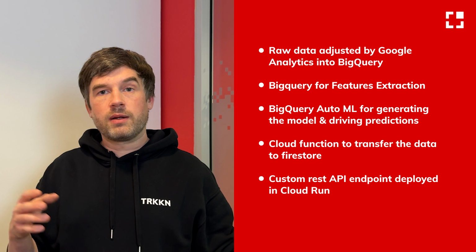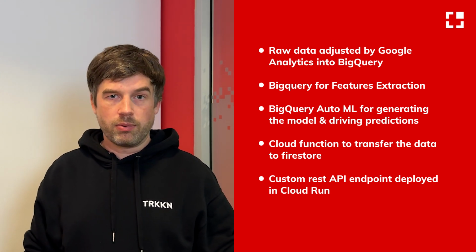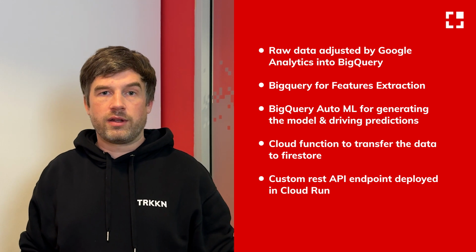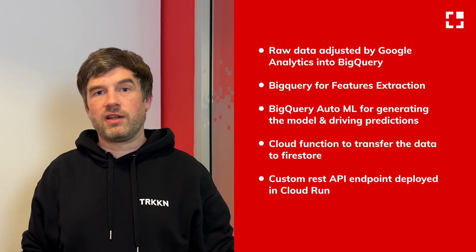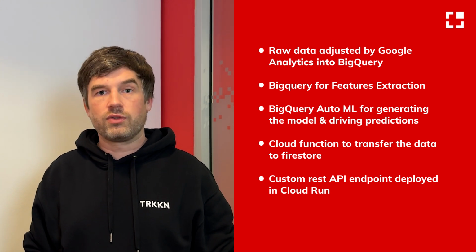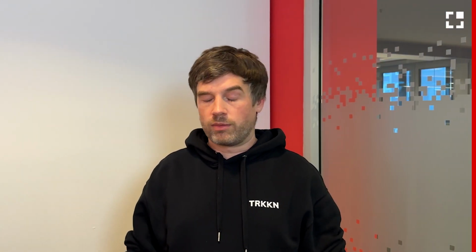And then we developed a custom REST API endpoint on top of it that was deployed in Cloud Run that accessed the Firestore database and then delivered these predictive values to the front end. From there, the conversion optimization team could take over and use these predictive values in the actual website.